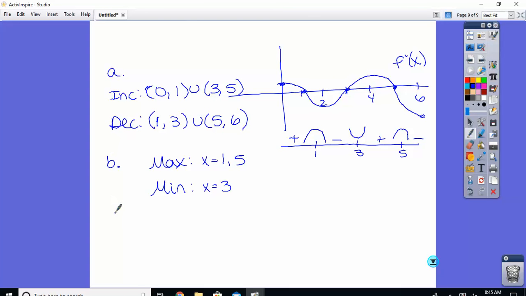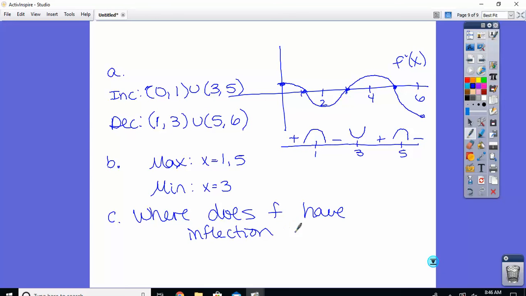I didn't ask this, but I'm going to now. Where would the original function have an inflection point? Okay.